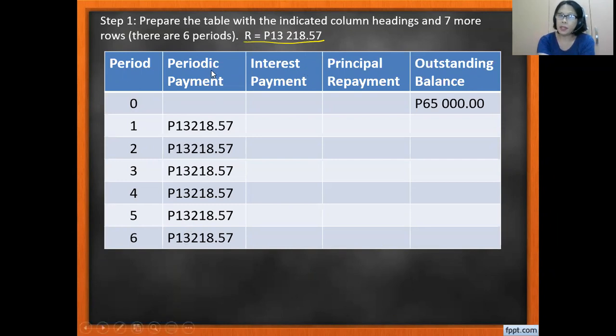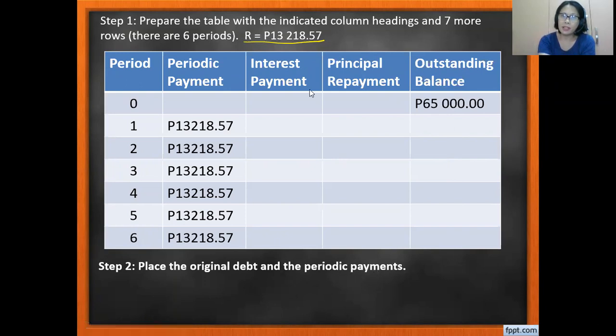Now, as explained, the interest will partly go to the interest payment and repayment of the principal. As you pay on the principal amount, the outstanding balance decreases until it reaches the value of 0 on the last payment. Okay? So, step 2 would be place the original debt and the periodic payments. Ito yung periodic payments natin and then this is the outstanding balance or the original debt.